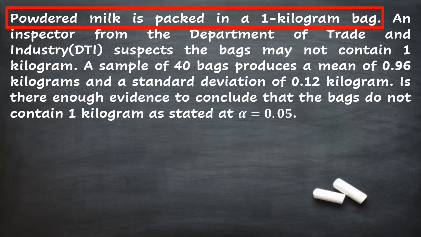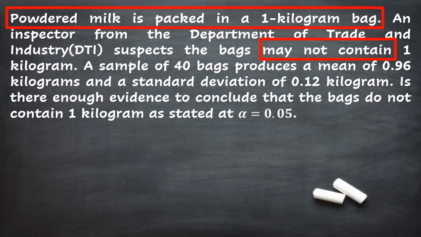So the inspector is the researcher. He suspects that the bags of powdered milk may not contain 1 kilogram. So, from a researcher's point of view, this is what the inspector is saying. If that is the case, we also have to highlight this one, because this is also one of the clues we have to use in formulating the null and alternative hypotheses.